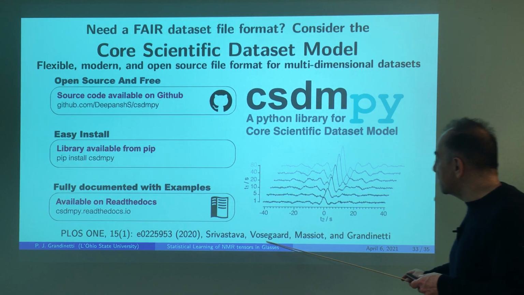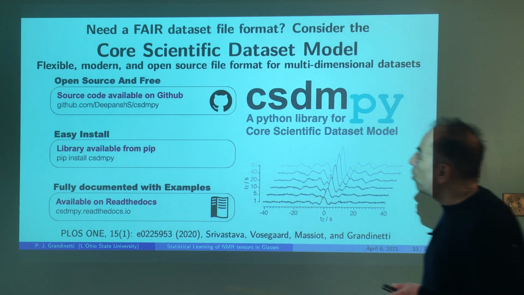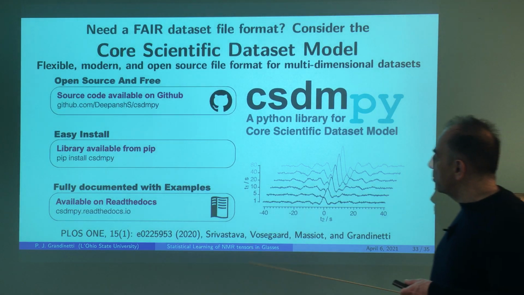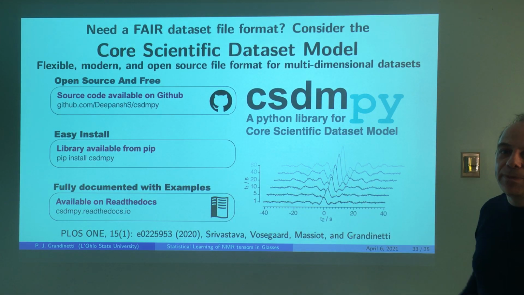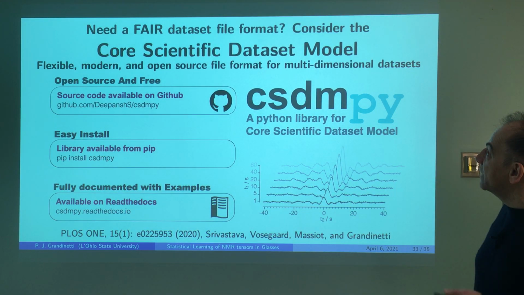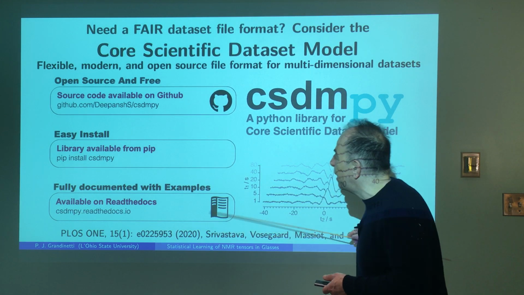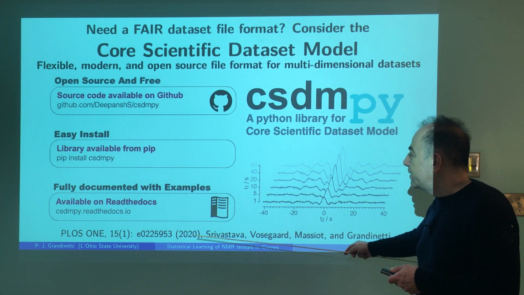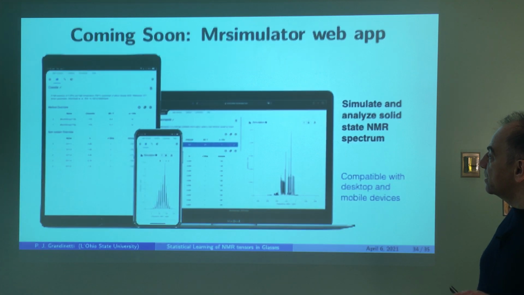So working with Thomas Vosegaard and Dominique Massiot, we developed this Core Scientific Dataset Model, which is very versatile, and I really encourage you to take a look at this and use this, particularly if you're interested in your data management plan for your grants and you want to find a nice FAIR data set file format. We have a Python library here for using it, but you can use it in other places also, and it's very useful and integrated with all these other applications that we've done.